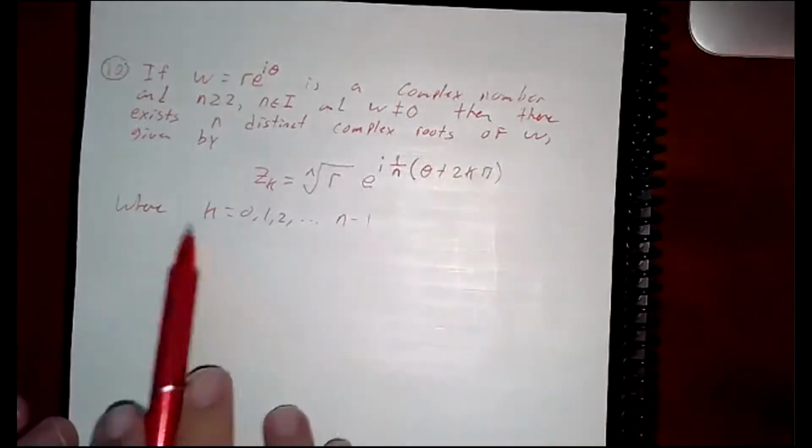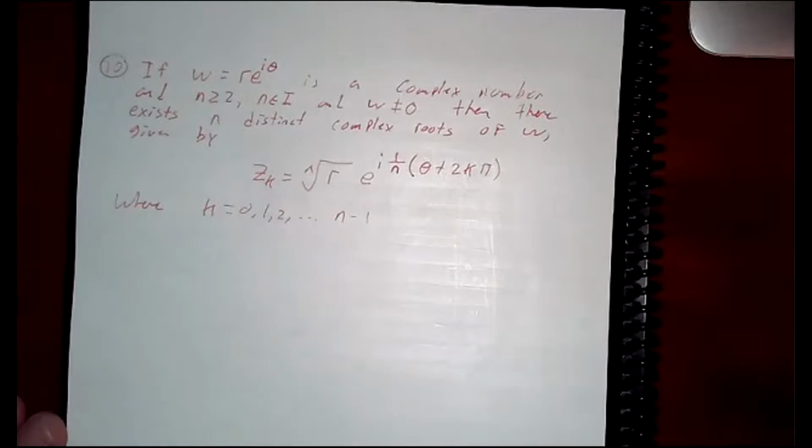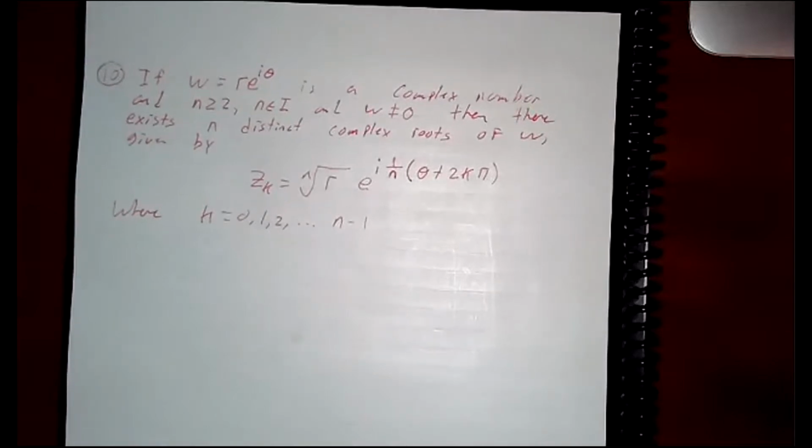So k will only cycle to 1 below whatever n is. Should be everything we need for this section.